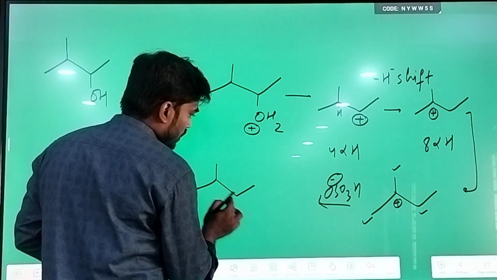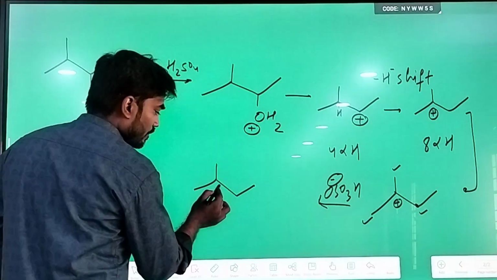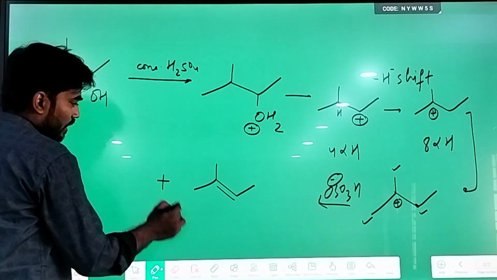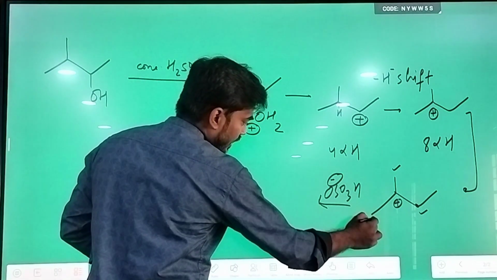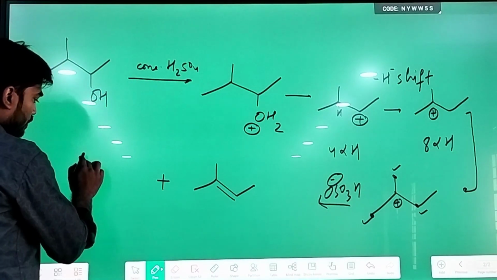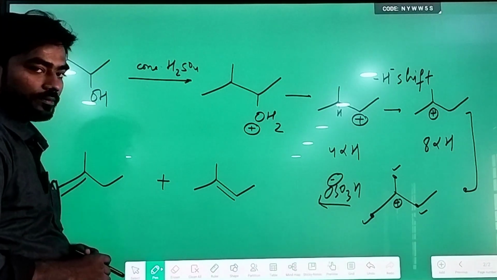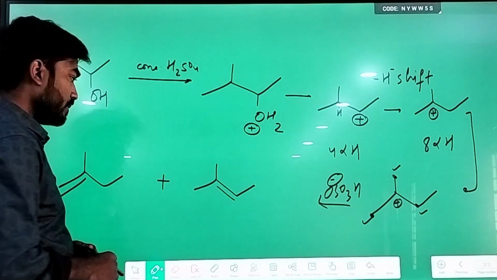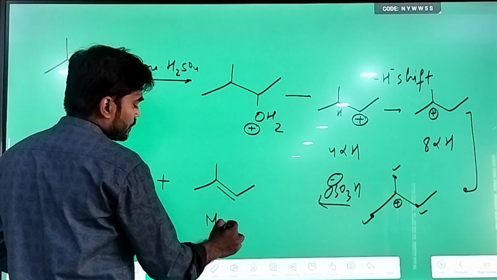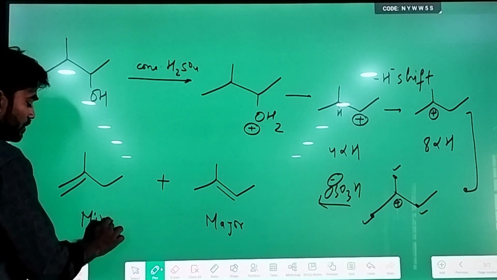One is, if I remove H from this place, we will get this alkene. And if I remove H from this beta position, both are same, so we will get the alkene at this position. We will say that this one is the major product, this will be the minor product.